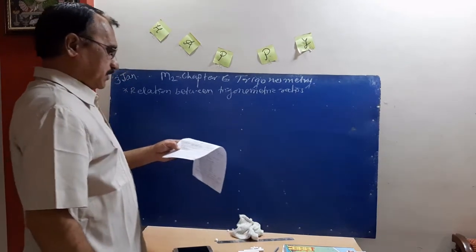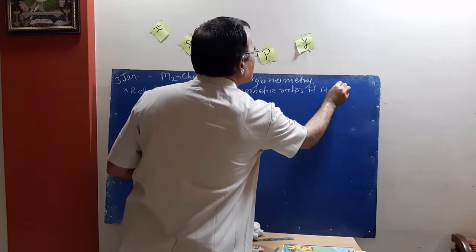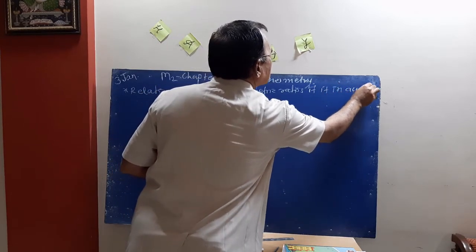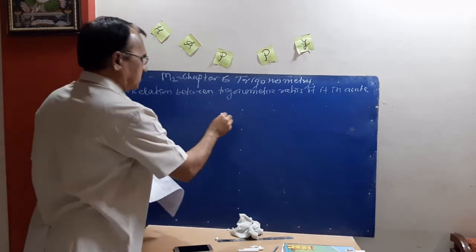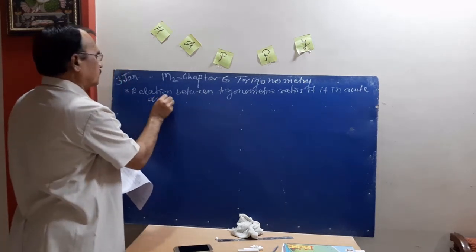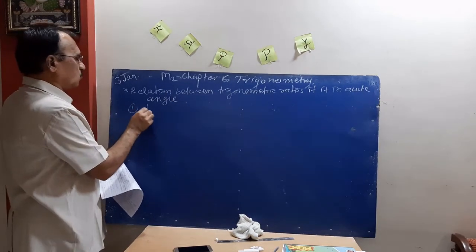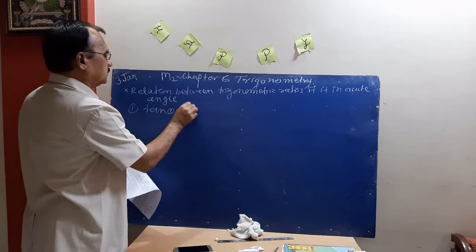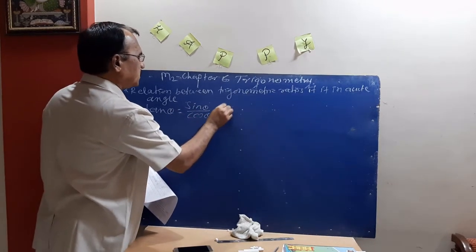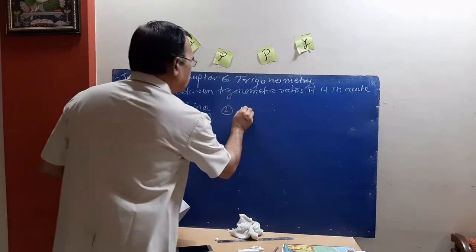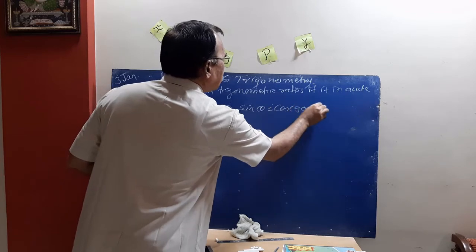Relation between trigonometric ratios if it is an acute angle. We know tan theta is equal to sin theta upon cos theta. Sin theta is equal to cos 90 minus theta.